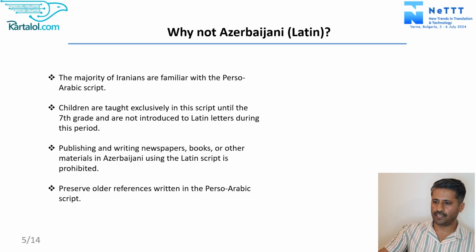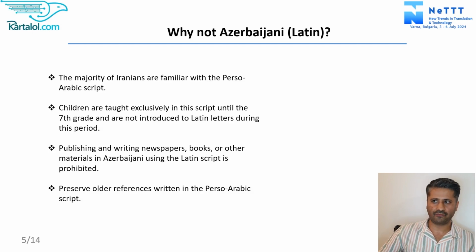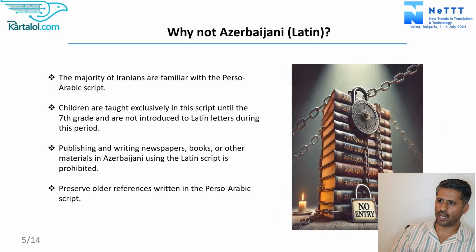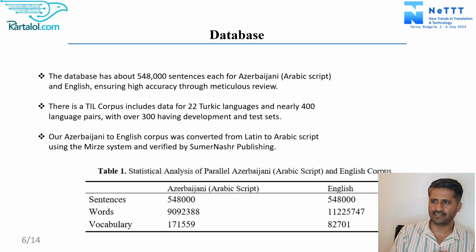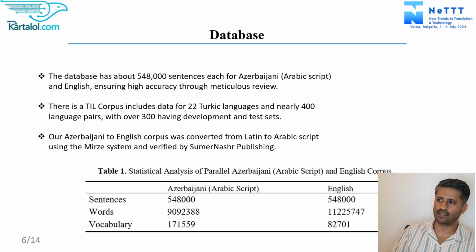So let's take a look at the dataset we created for our project. This table shows details of the dataset. Our dataset contains about 548 thousand sentences in both Azerbaijani in Arabic script and English. We have ensured high accuracy through careful review.